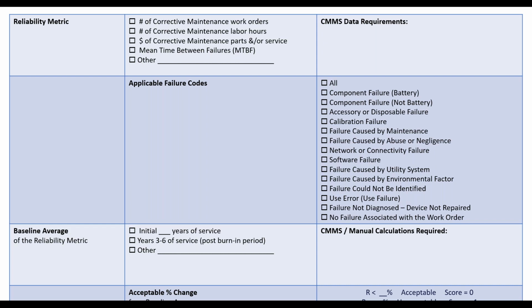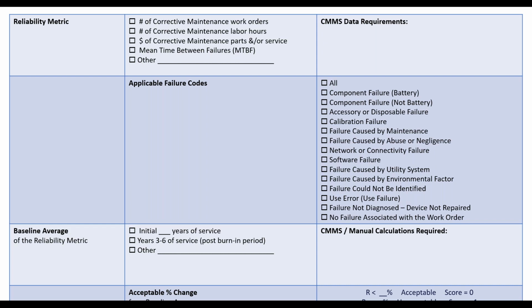Cool. And then after this one, I want to move to the next worksheet. Okay, so it shows the mean time between failures for your battery, non-battery, calibration failure and software failures.